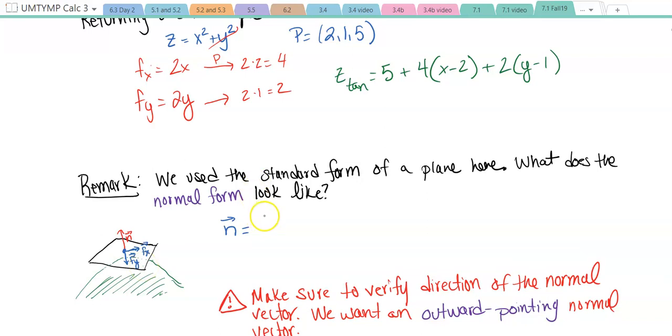But then the only question becomes, is it f sub x cross f sub y, or is it f sub y cross f sub x?